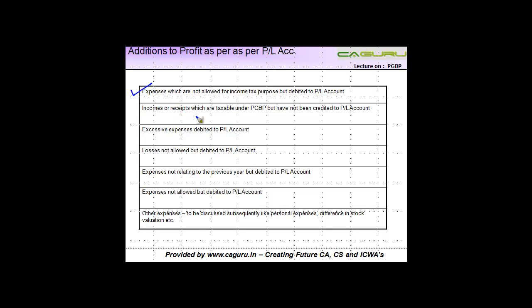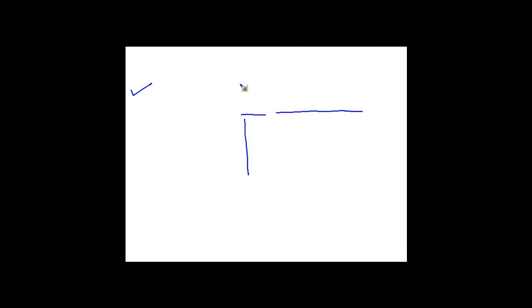Second, income or receipts which are taxable under PGBP but have not been credited to the profit and loss account. Again, let's say I prepare my P&L. I show my income at 100, but I expense as 40 and income as 60.